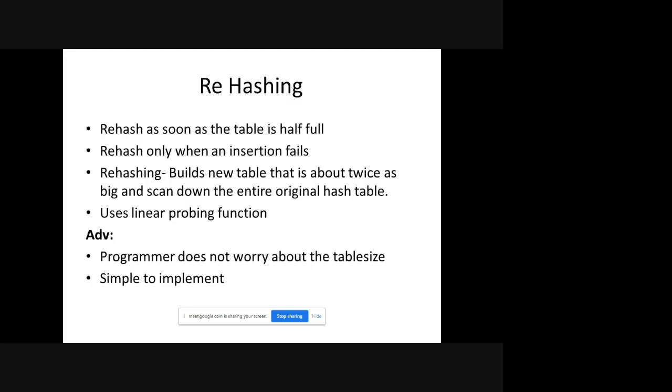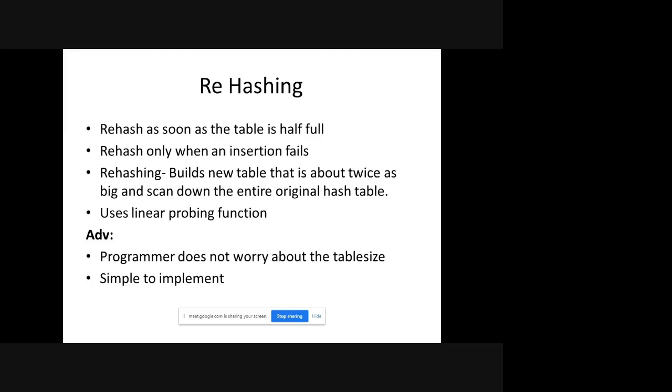How you have to rehash is double the table size. If your table size is 10, doubling is 10 into 2, which is 20. So your new table size is 20. But you should not take it as it is. By the rehashing rule, double the table size and take the next prime.